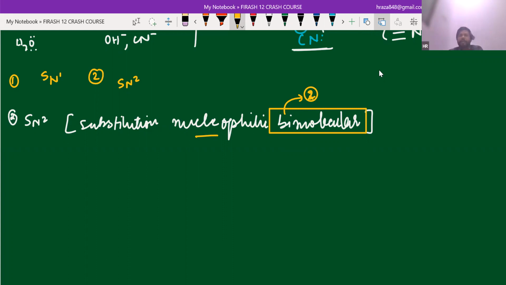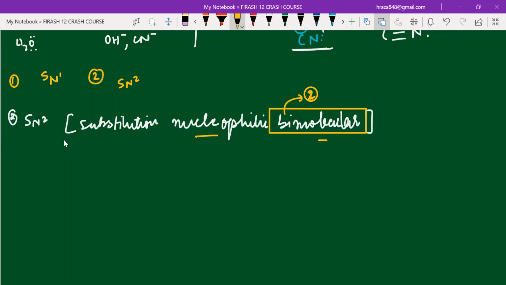Order of reaction can be a fraction, zero, or a positive integer, and molecularity can only be a positive integer. Molecularity is the number of interacting molecules. If one molecule is reacting, that means unimolecular. If two, then it is bimolecular, and if three, termolecular. Are you getting my point?